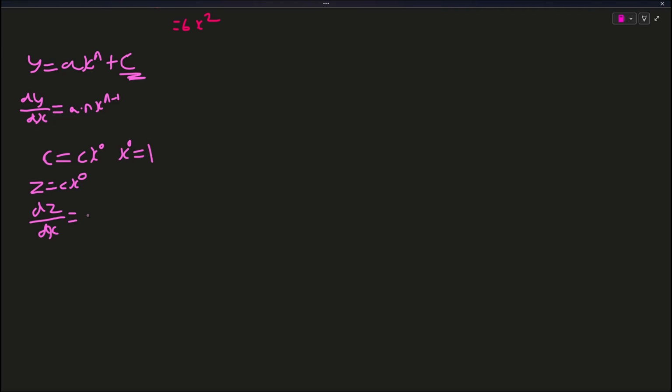So essentially we're going to do the same thing as we would do. So you'd have c times 0, which is n, times x to the 0 minus 1, and that would just all equal 0. So that's why every constant becomes 0.